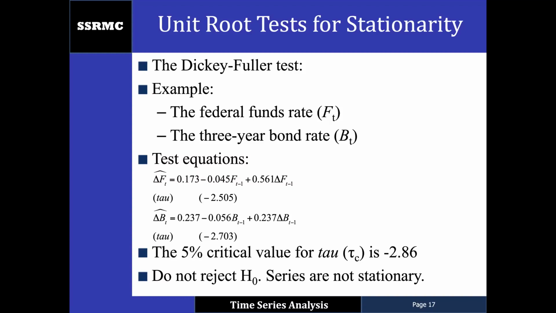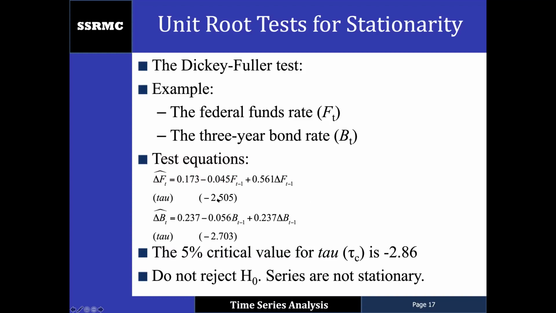So it is not going up or going down clearly. So we use the test equation with a drift or an intercept term, but without a trend. We also include the lag term of the dependent variable just to account for the potential autocorrelation problem. And because we use this test equation, the 5% critical value is negative 2.86.